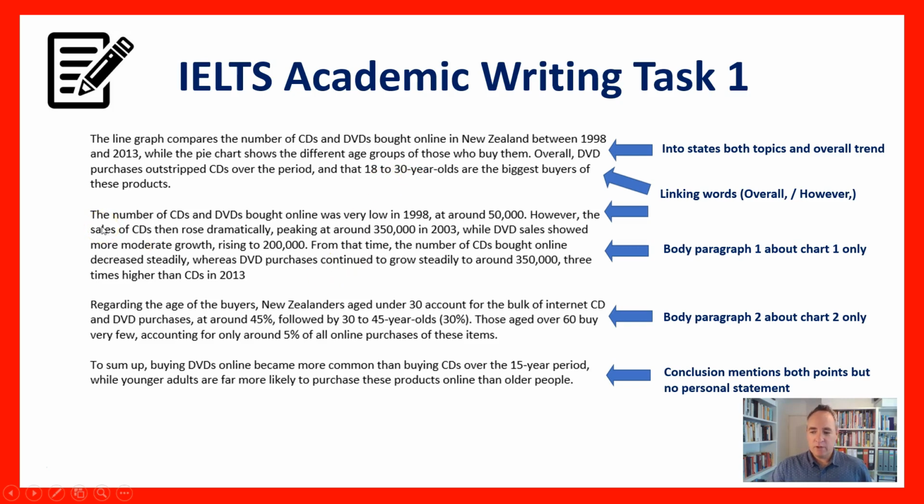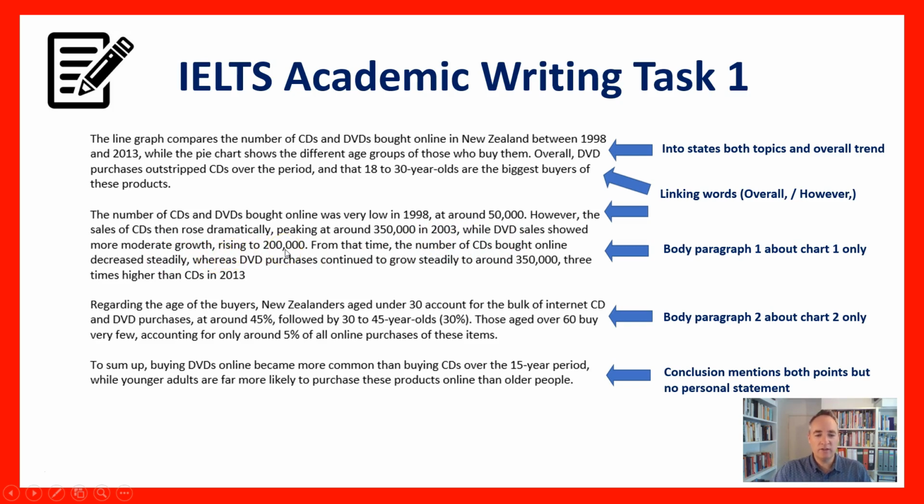Let's have a look now at body paragraph 1, where we give a bit more detail on the CDs and DVDs which were bought. So the number of CDs and DVDs bought online was very low in 98 at only 50,000. However, the sales rose dramatically, peaking at around 350,000 in 2003, while DVDs showed more moderate growth, rising to 200,000.